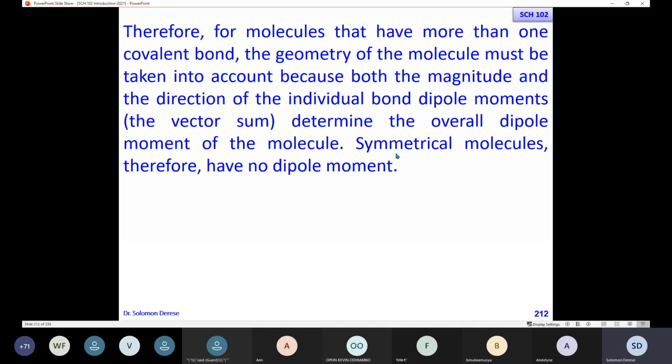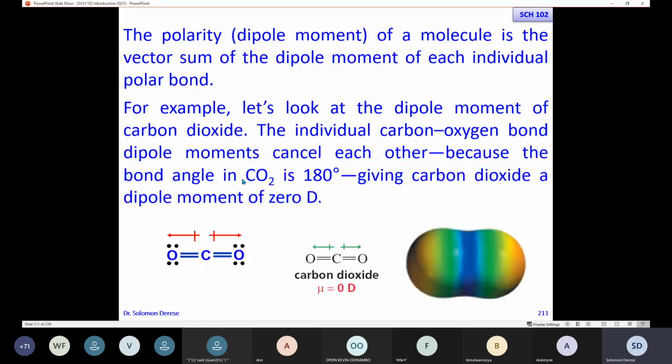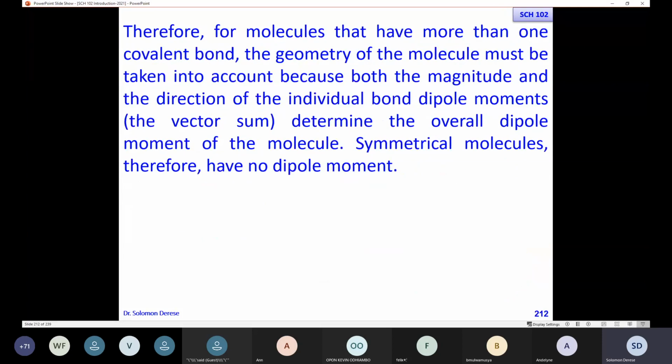As a result, symmetrical molecules have no dipole moment. Carbon dioxide is a symmetrical molecule. If you put a mirror in the middle across the carbon, this side and the other side are the same. Symmetrical molecules will have zero dipole moment.